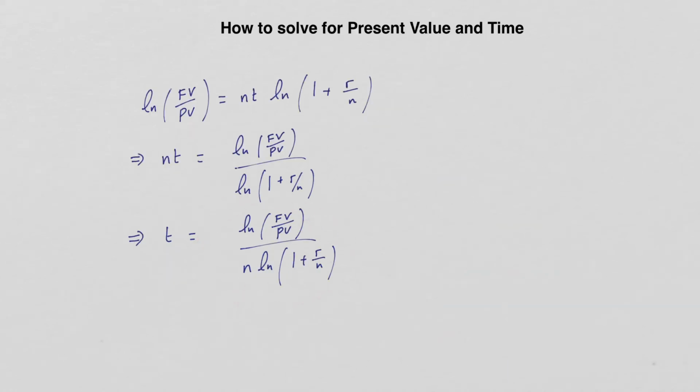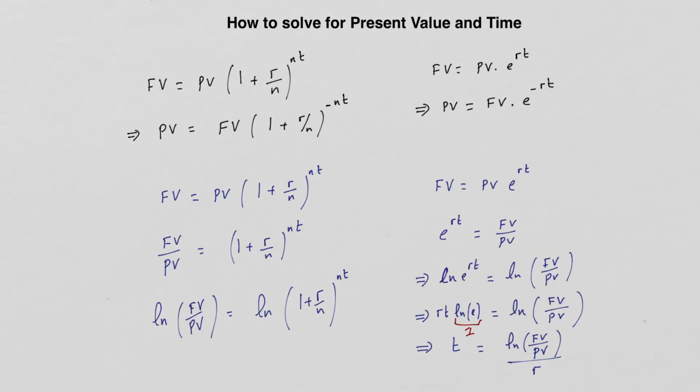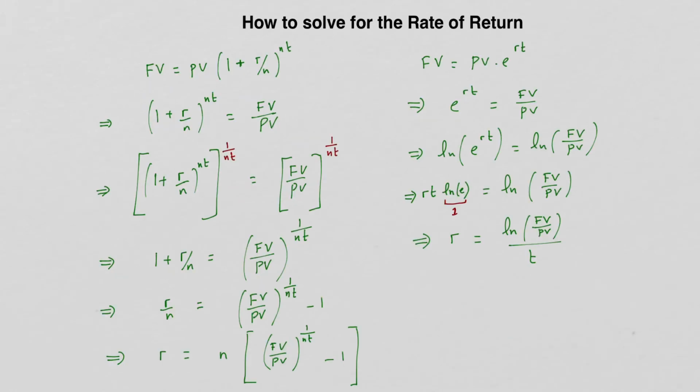Okay. Finally, let me say something about introducing log on both sides. I think it's important. So if somebody says to you, x equals y, do you have the right to say f of x equals f of y? The answer is yes.